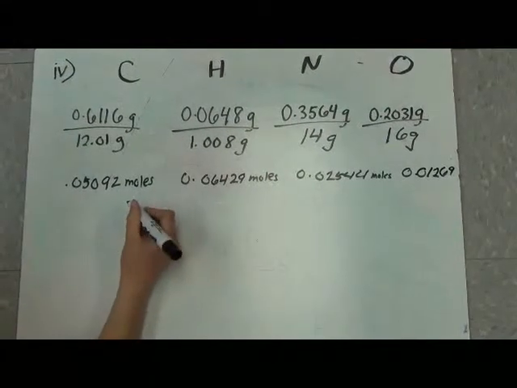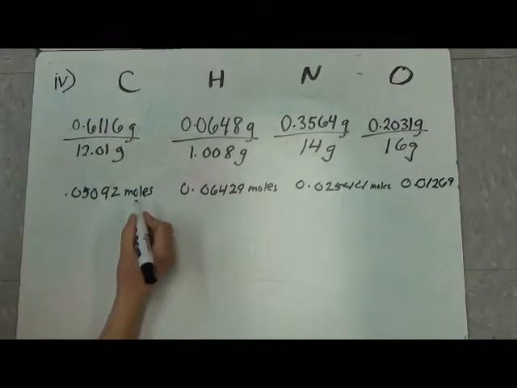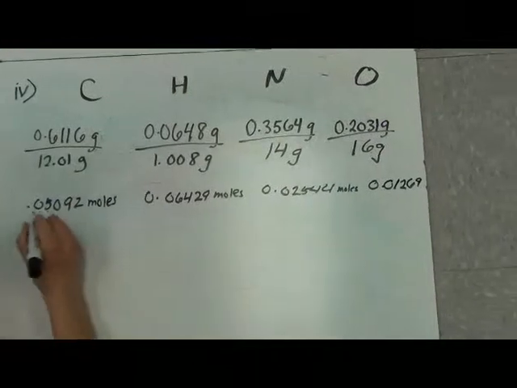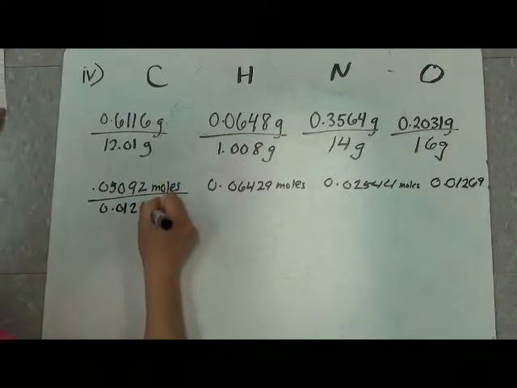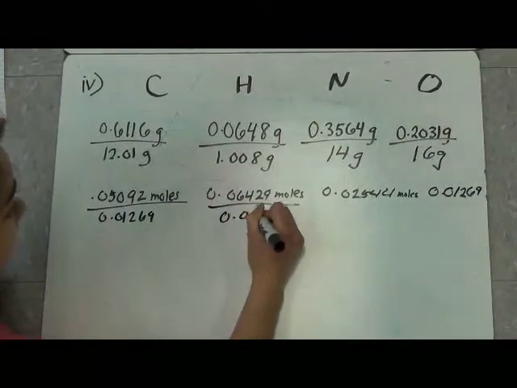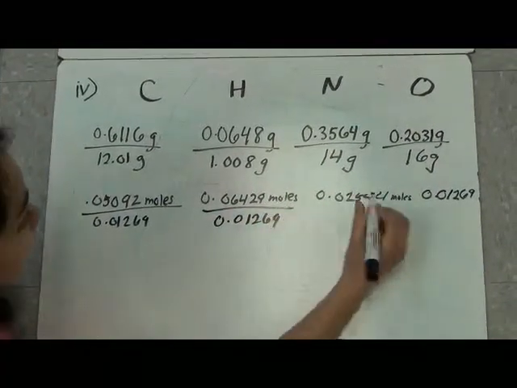Now we will divide by the smallest moles, which, as you can see, is oxygen, 0.01269.